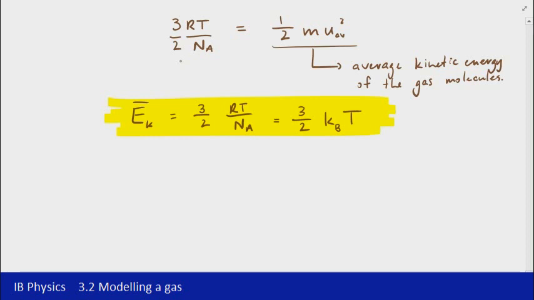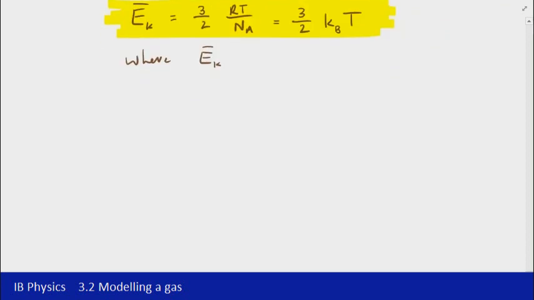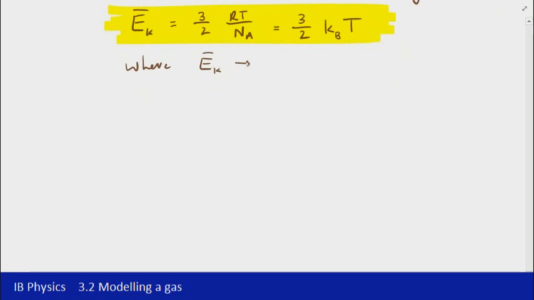The idea behind this is that we've now got, as we said to begin with, a molecular interpretation for temperature. Ek is the average kinetic energy of the particles, of the molecules.